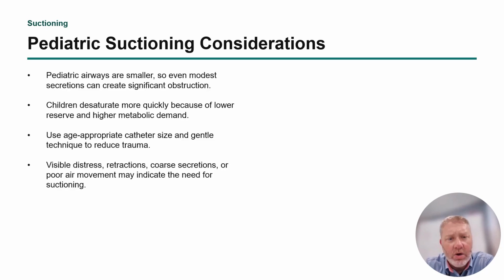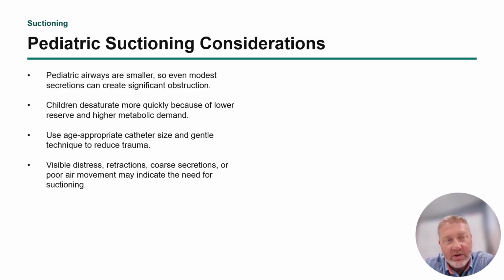A couple of things to note for kids when you suction them. Pediatric airways are smaller, so even modest looking secretions can create a significant obstruction. So even though you don't get much out, it could make a big difference. So keep that in mind. Kids desaturate more quickly because they have less reserve and a higher metabolic demand. Always use age-appropriate catheter size and a gentle technique.